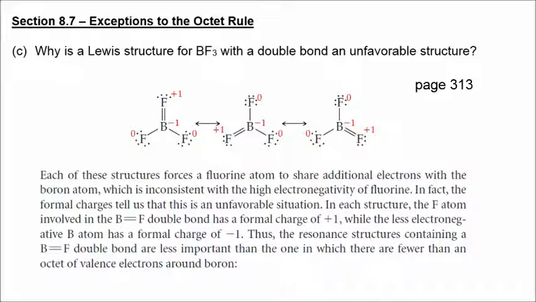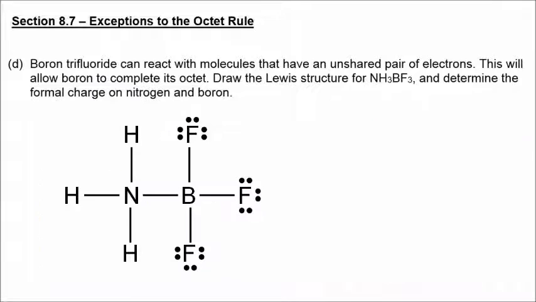So a BF double bond will give you a +1 formal charge on fluorine, and that is highly unlikely because of fluorine's strong electronegativity. So in this case, we'll go ahead and let the resonance structure that has a single bond with less than an octet is more favorable than making a boron-fluorine double bond.